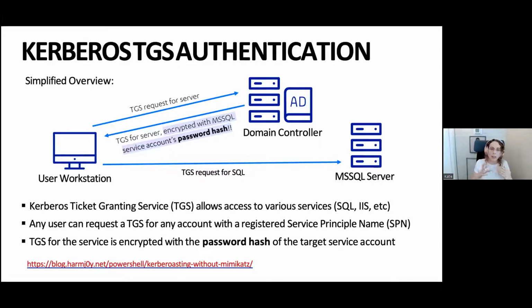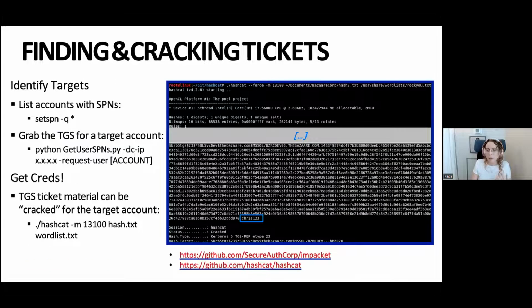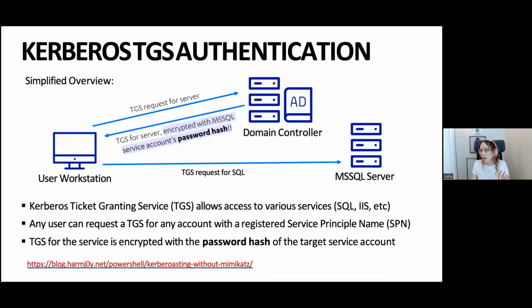So you can basically generate a series of password hashes for accounts that have this Kerberos setting enabled and a service principal name enabled, and then try to crack that list of hashes. So if I were to get onto a network, I would look for all the accounts that have a service principal name set, like the Microsoft SQL Server service account.